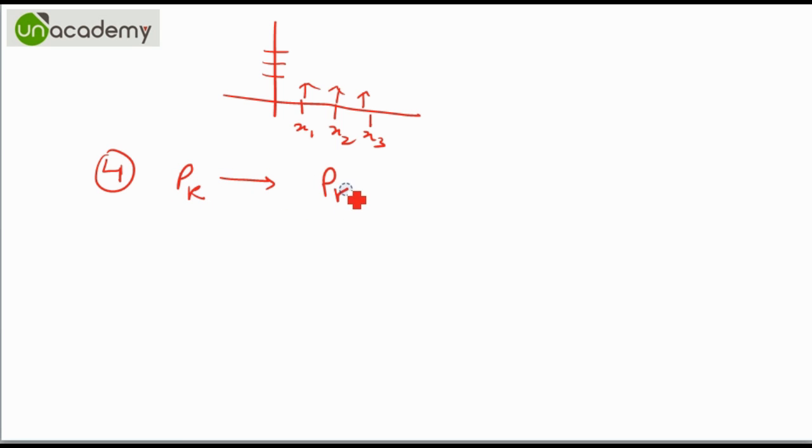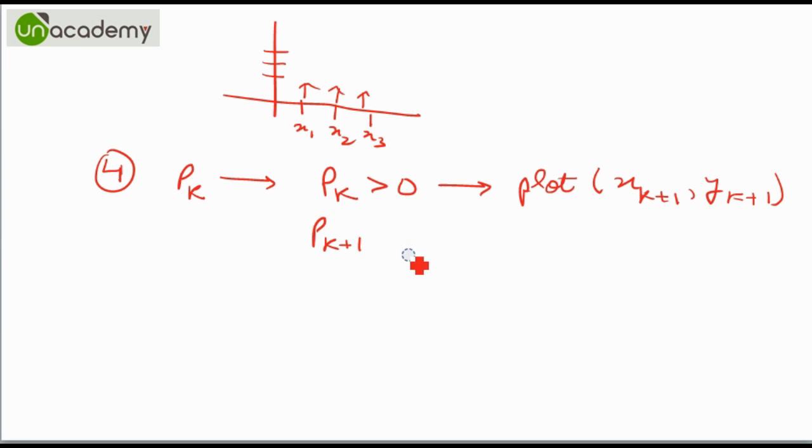If pk is greater than 0, then we plot the point xk plus 1, yk plus 1, and simultaneously the pk plus 1 becomes pk plus 2 times delta y minus 2 times delta x.